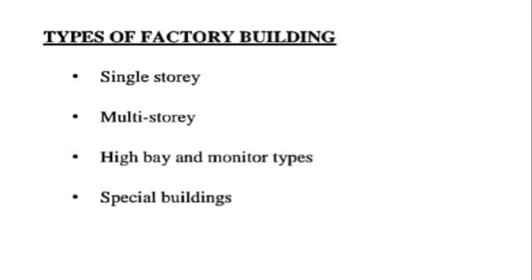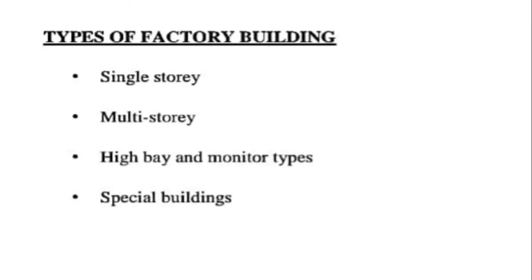Some disadvantages of the multi-story building: materials handling becomes very complicated as materials have to be moved between floors. A lot of floor space is wasted on elevators, stairways, and escapes. Then there is difficulty in supervision, also maintenance supervision. So these are the disadvantages.